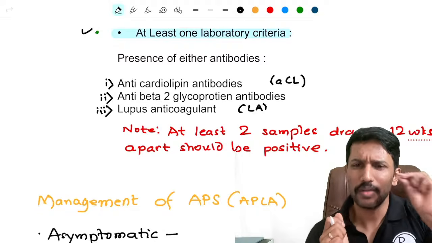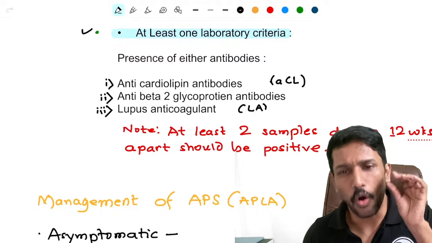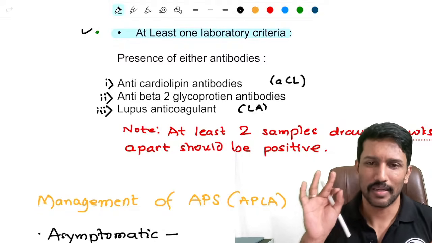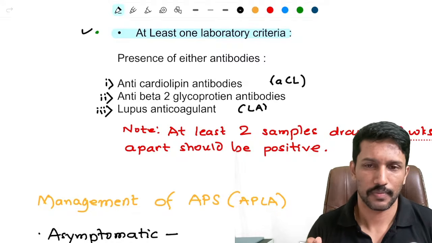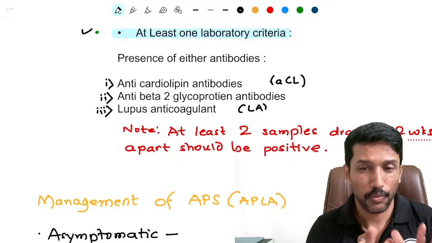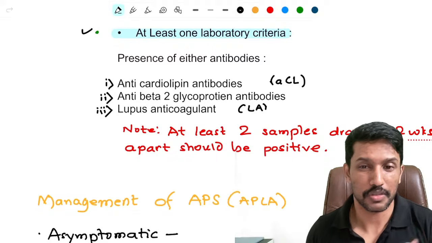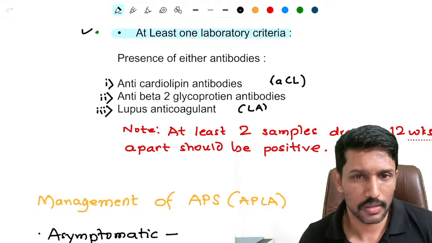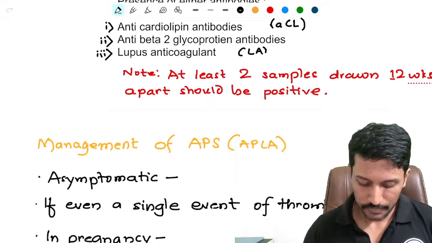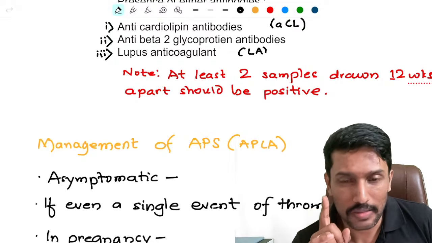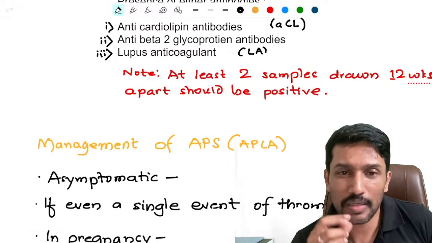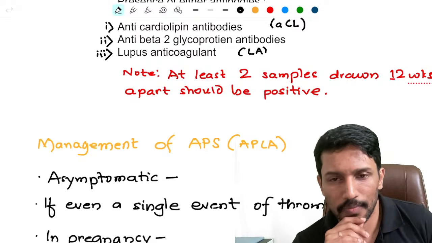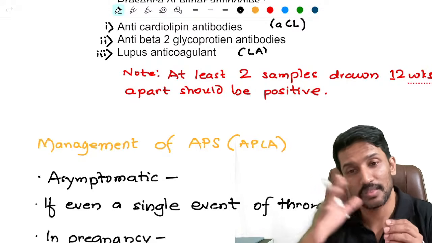Means I should have one arterial or venous thrombosis or the obstetric criteria plus at least one antibody positive. Then you can consider it as Sapporo criteria positive for APS. Point to note here is that this Sapporo criteria, if the antibodies come positive once, that is not enough. I need to have these antibodies persistently positive.